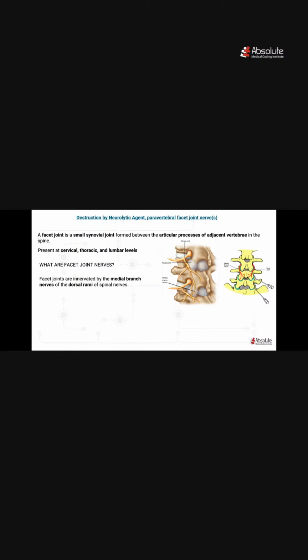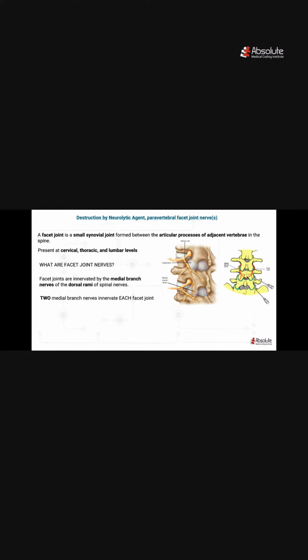Facet joints are innervated by the medial branch nerves of the dorsal rami of spinal nerves, and two medial branch nerves innervate each joint. That's why more than one nerve may need to be targeted.